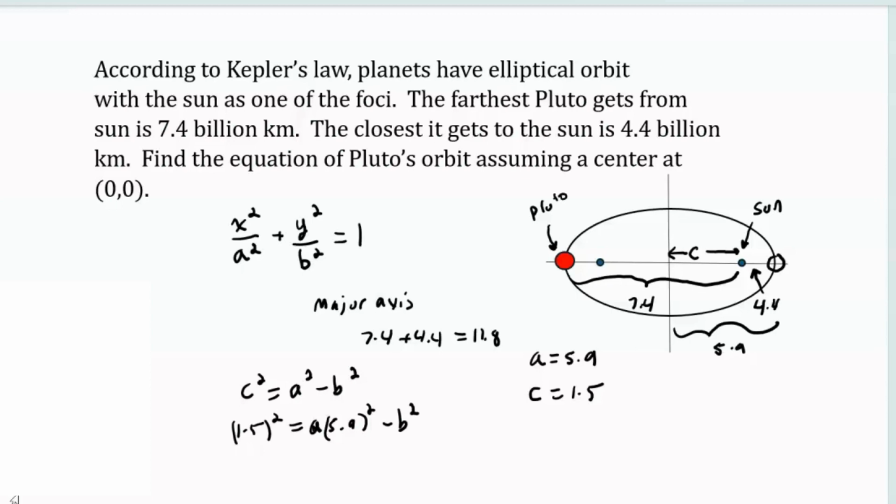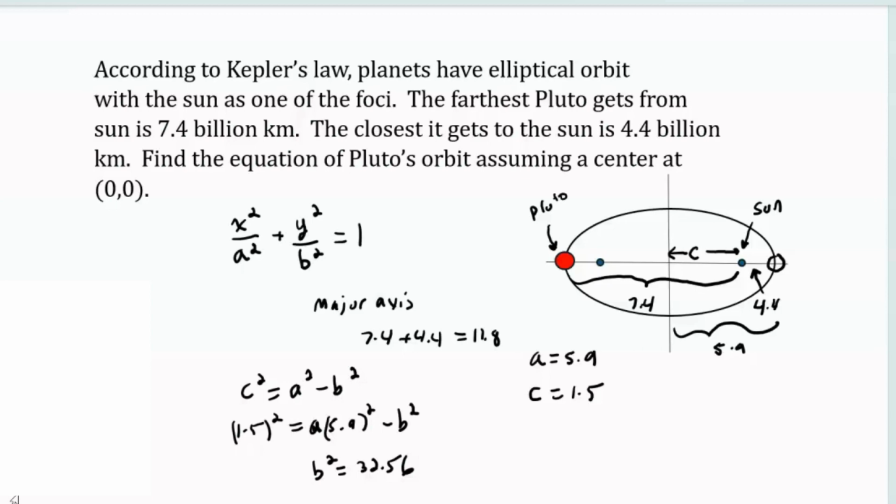If I solve for b squared with this equation, I'm going to get b squared is equal to 32.56. The only thing I need to do now is square my 5.9.